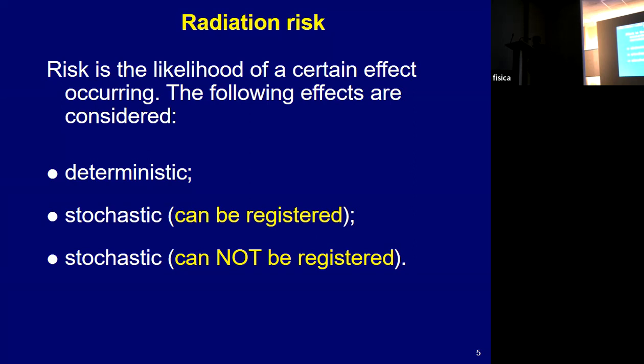Depending on whether a causal relationship can be established between exposure and the occurrence in the exposed population, two subcategories of these effects are distinguished: the category of registered radiogenic cancers and the category of undetectable stochastic radiation effects for radiogenic cancers and genetic effects.